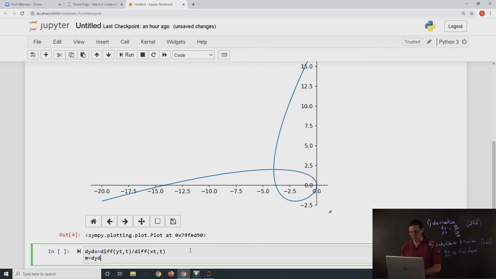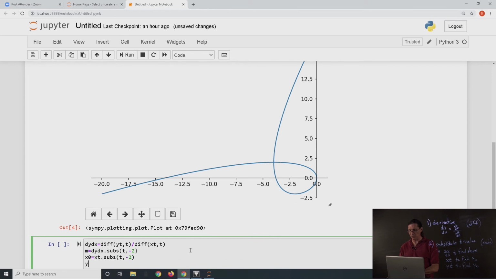But we also have to substitute t into the x value to find x naught, and into the y function to find y naught. So x naught, or x0, is xt dot substitute, or subs, t is equal to negative 2, and y naught is the yt dot substitute, t is equal to negative 2.